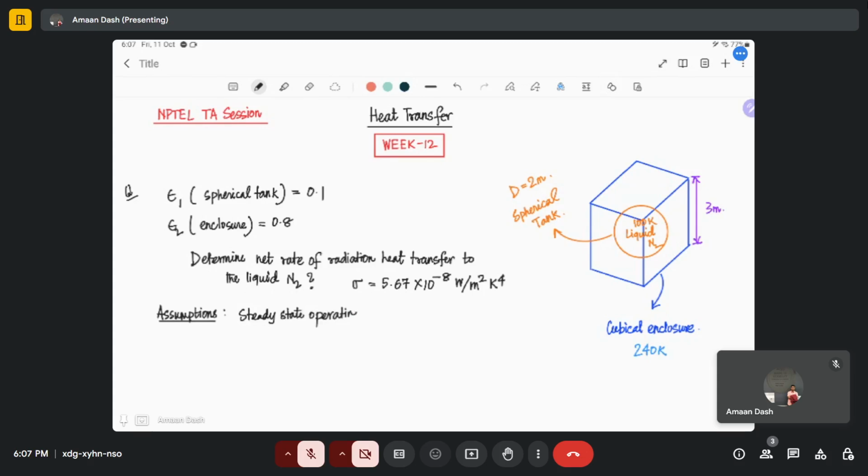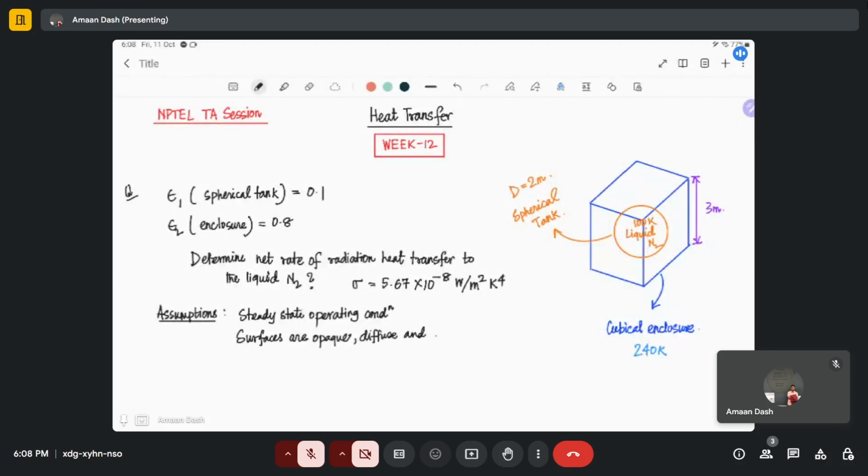This is given to be 0.1, and we have emissivity of the enclosure equal to 0.8.